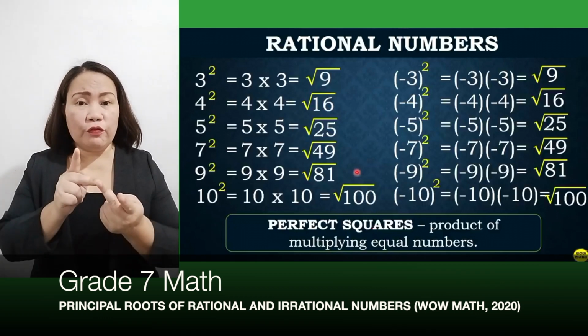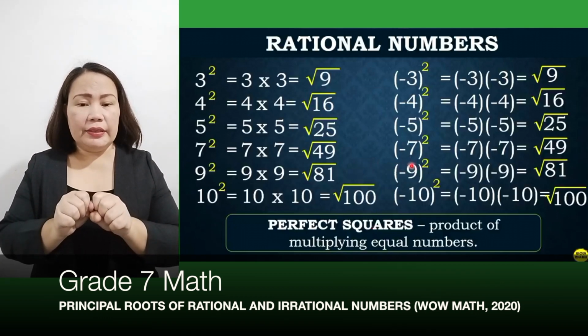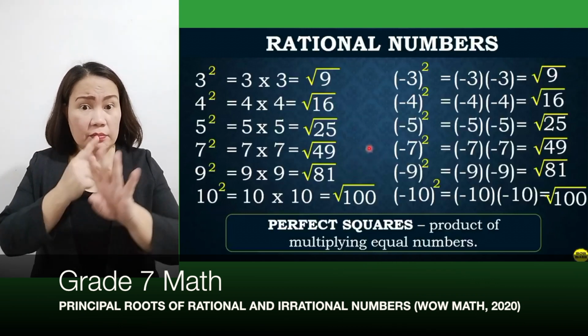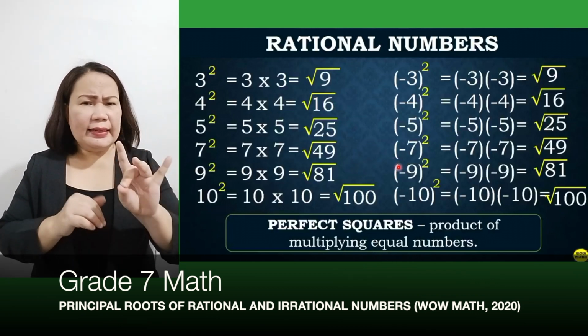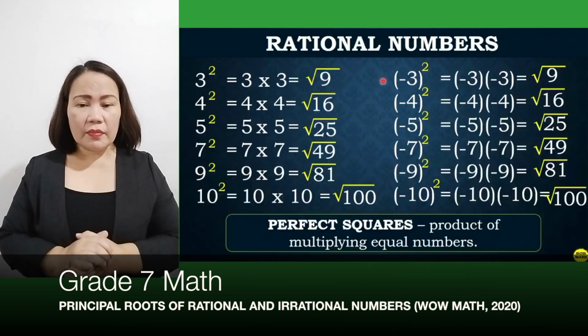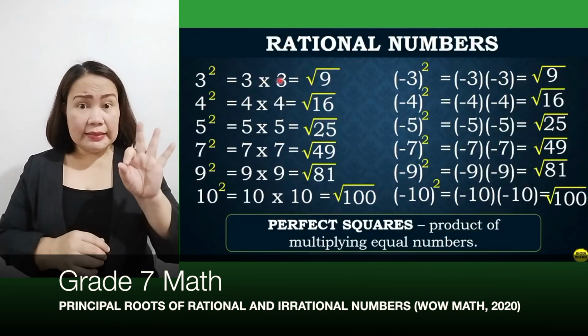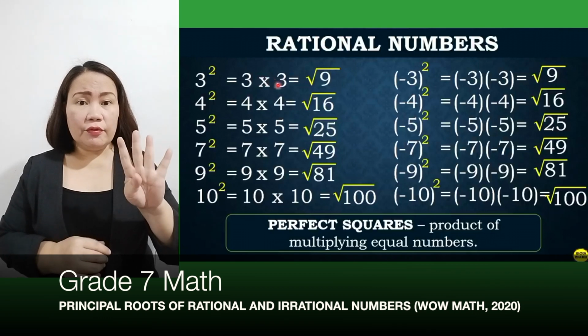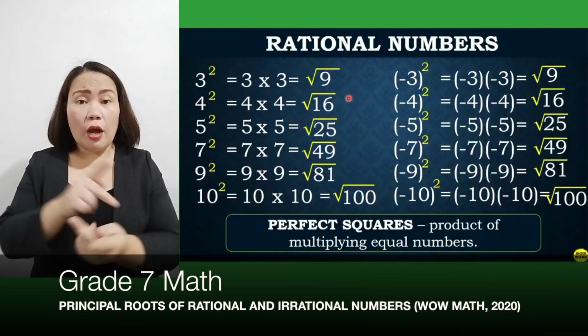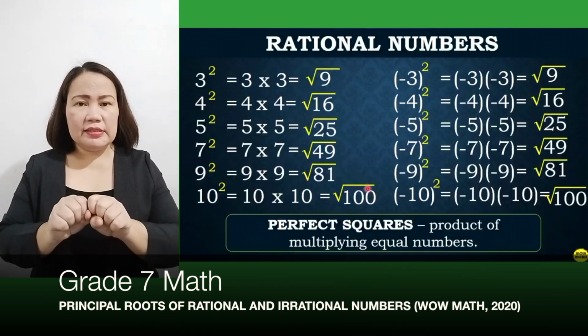If I have 2 times 4 equals 8, 8 is not a perfect square. Why? Because 2 times 4, magkaibang number yon. So therefore, yung result niya na 8, hindi yun perfect square. Okay, so kagaya nito, 9, since nakuha siya dahil 3 times 3 by multiplying by itself, so these are examples of perfect square numbers.